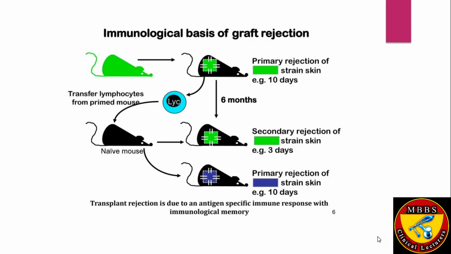And again, if that black strain mouse is grafted by the blue strain mouse, the primary rejection will again take place in 10 days. So basically the concept is that the primary rejection takes about 7 to 10 days, but the next time the same organism is sensitized with the same tissue, the rejection will take place in a shorter interval, about 3 to 5 days.